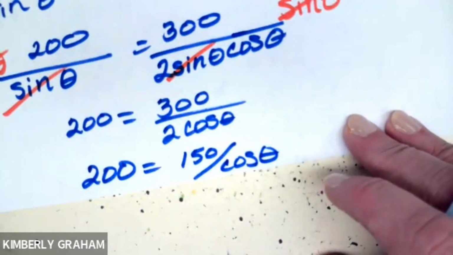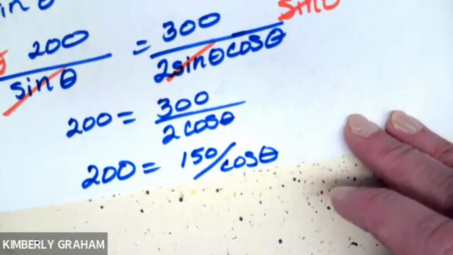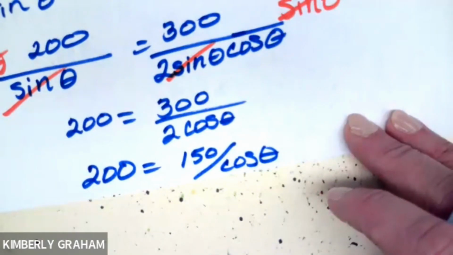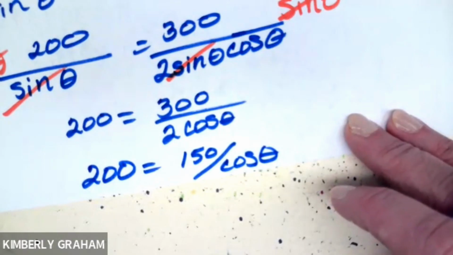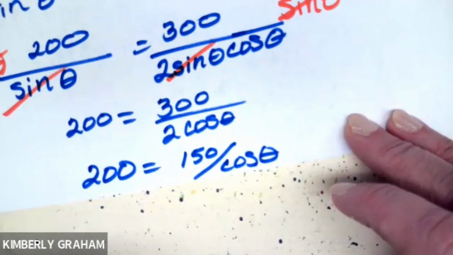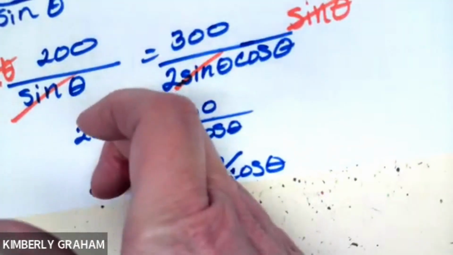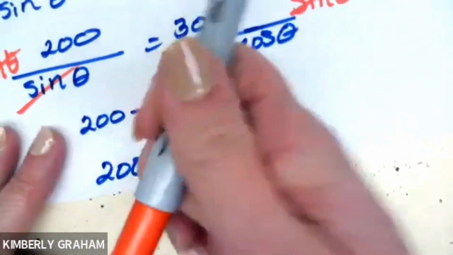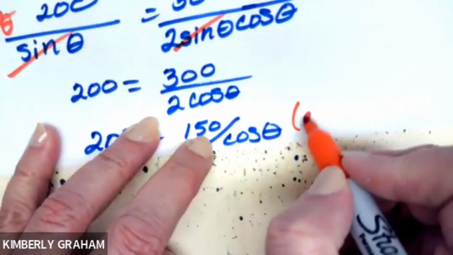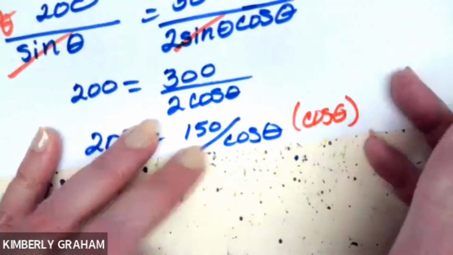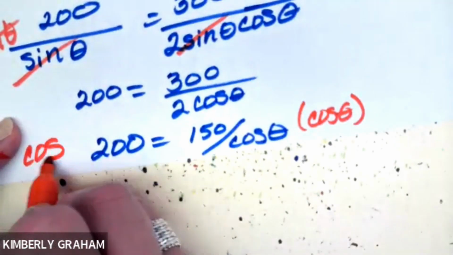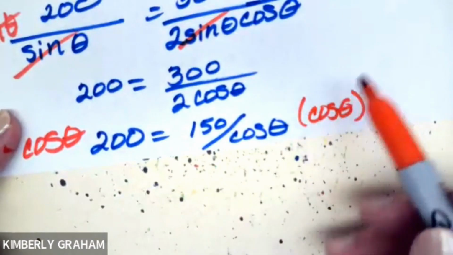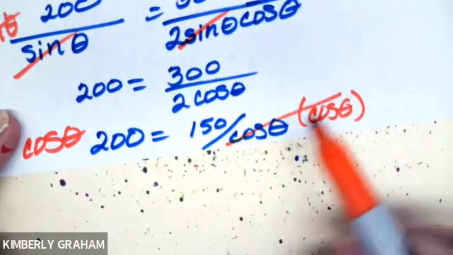Now, once you get here, you have to know how to solve for cosine theta. And I think that's one of the things that some of y'all struggle with, is knowing how to get your variable out of the denominator. What I'm going to do is multiply both sides of my equation by cosine theta. So over here on the right-hand side, they cancel.